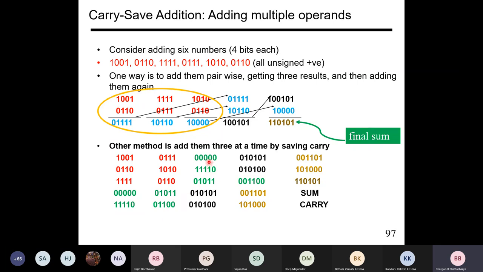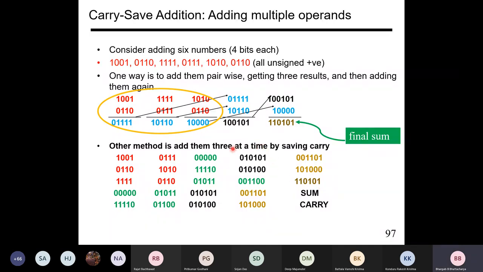Again I take 3 of them together and generate this term and again this carry term, right? So now I have these 2 and this is left out. I again take 3 of them and generate sum and carry bit separately. And then finally I add them, sum and carry, to get the overall sum.